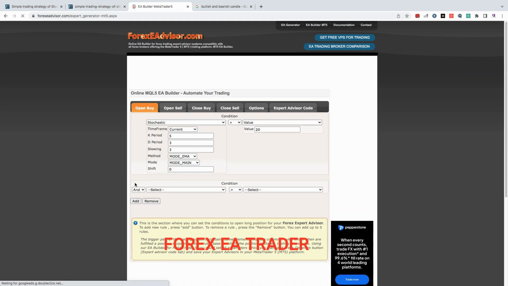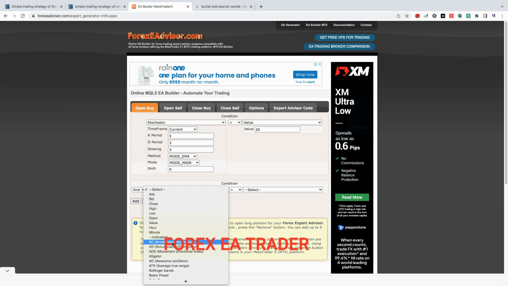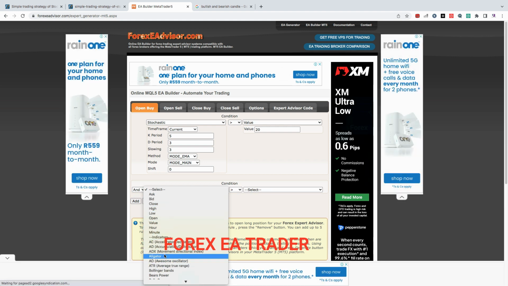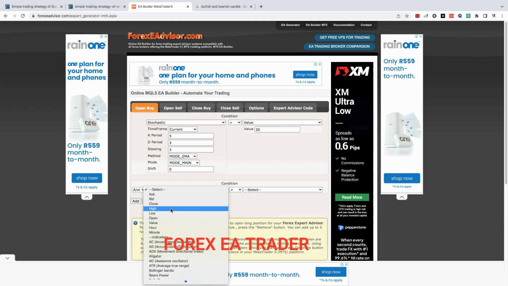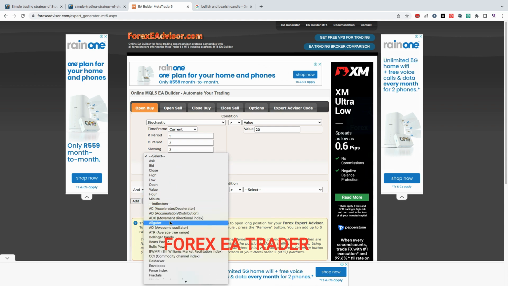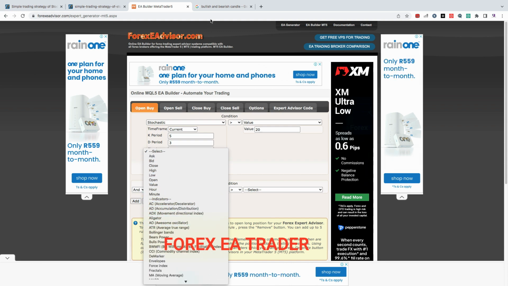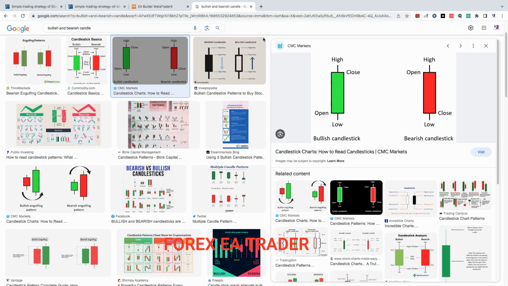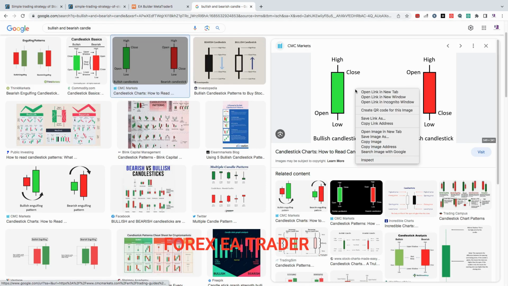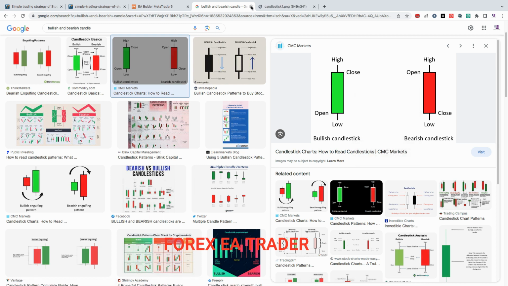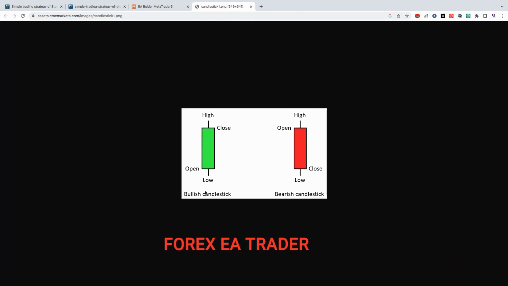Then on top of that, when I looked here, there's no candles, unlike on FX Dreamer. So how do we also tell about candles? That's why I opened this window. This is just an anatomy of candles. What we know about bullish candles is the close price is always above the opening price.